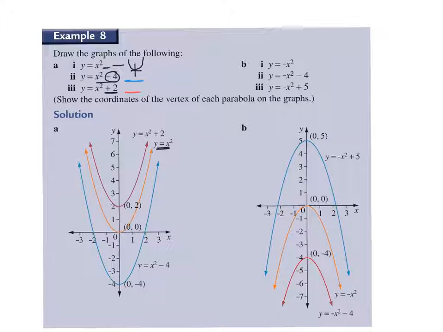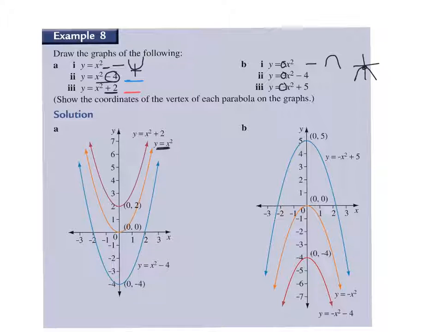If you look over to part B, straight away, negative. The negative in each of these means that it's going to be concave down. So you'll notice that all of these below are concave down. But this first one is not only concave down, but it's concave down at 0, 0.